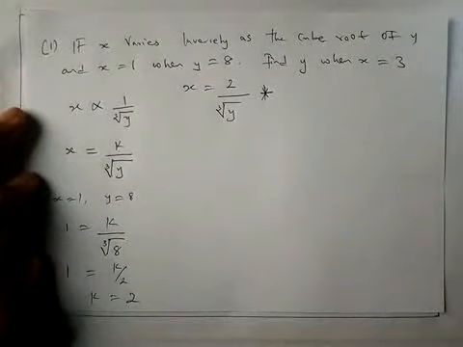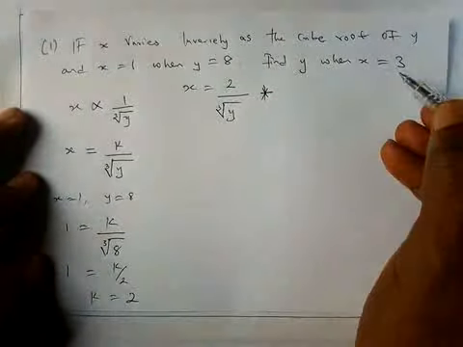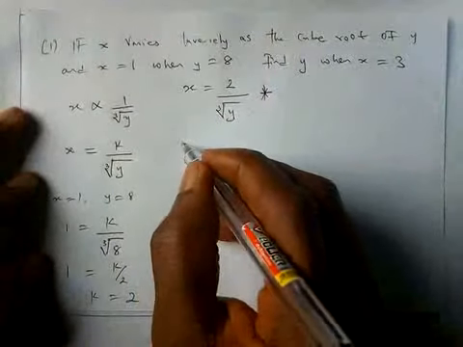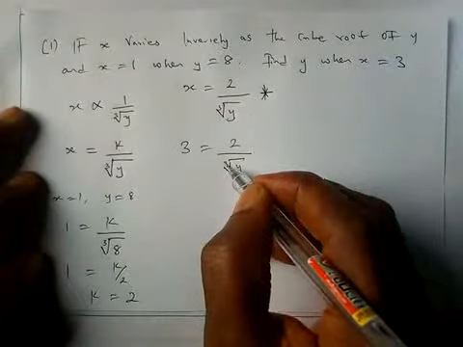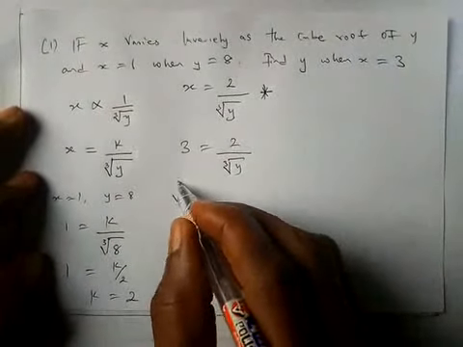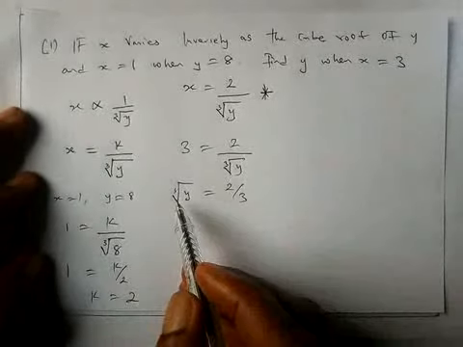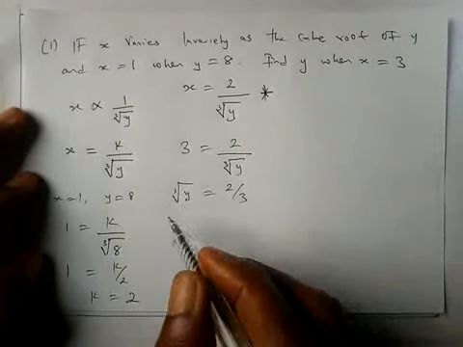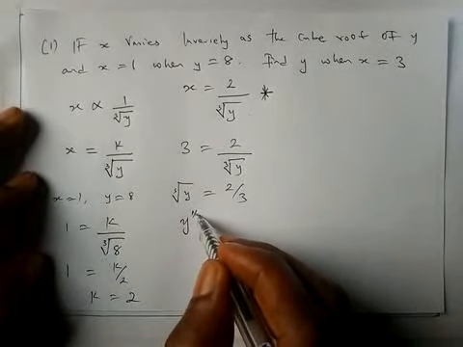We're now told to find y when s is 3. So if I put 3 here, 3 is equal to 2 over cube root of y, cross multiply. Cube root of y is equal to 2 over 3. What can I do to remove the cube root? Don't forget what cube root means. It means power 1 over 3.